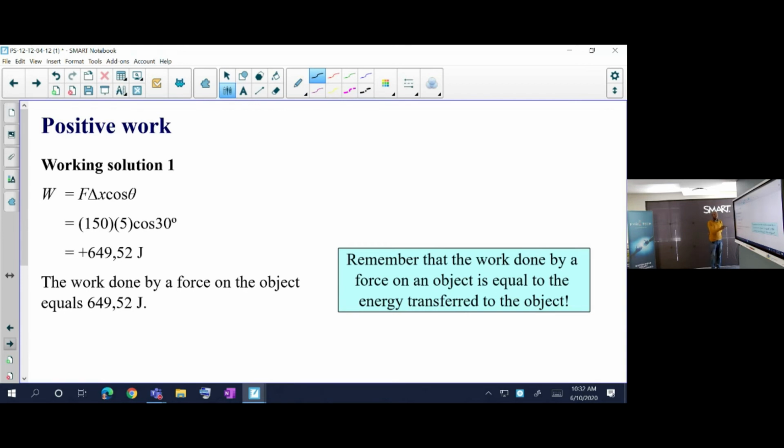This is what I was just doing, trying to show you how you get the positive 649.5. Okay, if you can just look at the answer that I gave you, I said 649.5 is the same as 649.5 joules. Okay, remember that the work done by a force on an object is equal to the energy transferred to the object. That is the definition of positive work. All right, I hope we are still together.